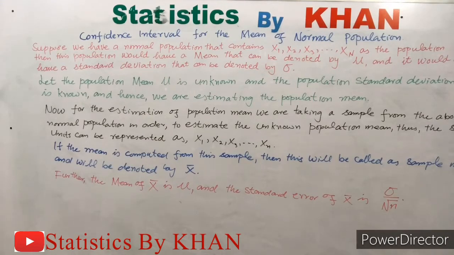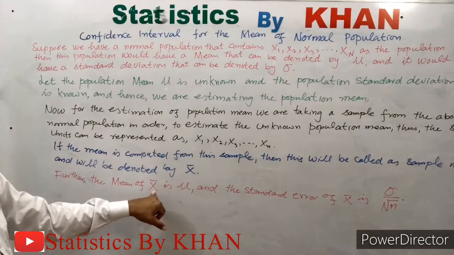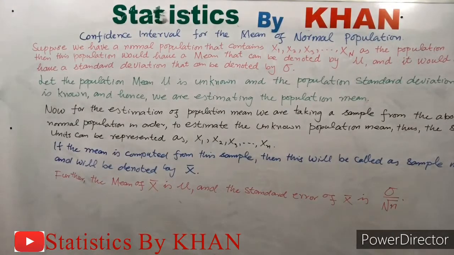So that is why slowly and gradually we are expressing these facts, because without these facts, we are unable to construct a confidence interval for the mean of a normal population. Now, to construct the confidence interval for the population mean, we need to standardize this variable x bar. So we will denote the standardized variable by z.